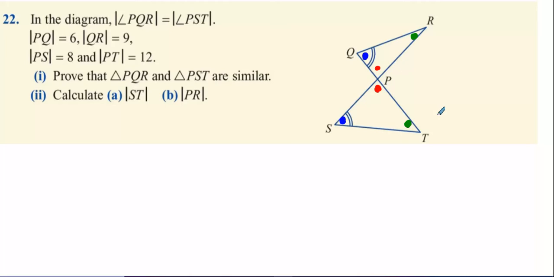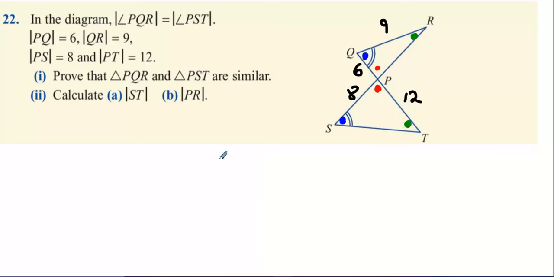Now, let's fill out what we have. PQ is what? PQ is 6. QR, 9. PT, 12. PS, 8. There we go. We have two of them that are equivalent.